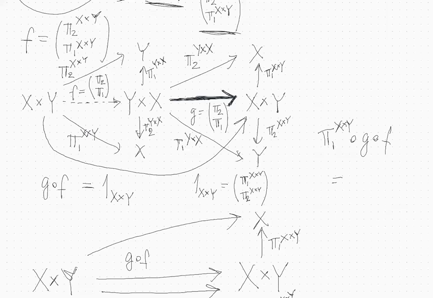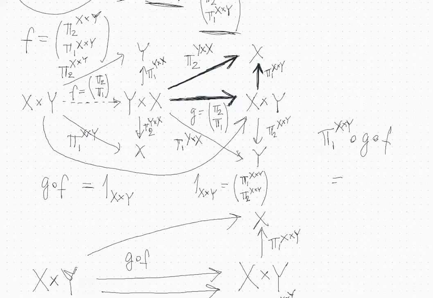Now, what does it mean that it is defined as such a column? It means precisely that this G composed with pi1 xy, and I'm going to make that thicker as well, so the composite of these two arrows must be this arrow, the third one I'm making thick. That's what it means for G to be the column pi2, pi1.